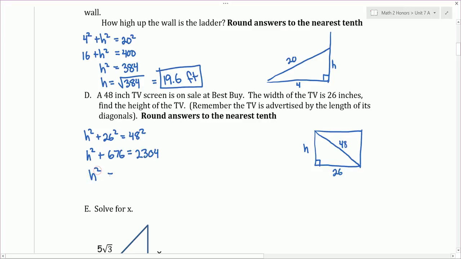So h squared is equal to 2,304 minus 676, which is 1,628. h is equal to the square root of that, which is roughly, we're going to round this to the nearest tenth, 40.3. And we're talking inches.